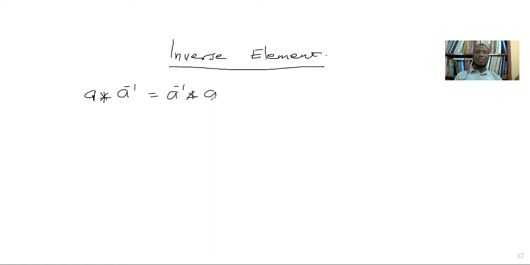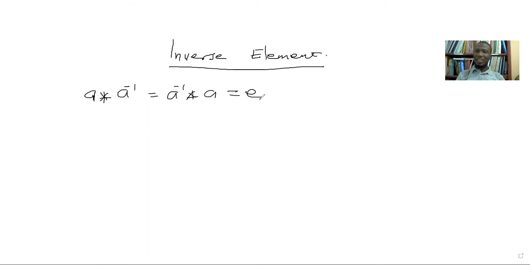Are we okay? Then that should give us the identity element, which we have found already. So this is the basic assumption on which we are going to move with the inverse element. That when you operate any number at all with its inverse, we should get the identity element back.